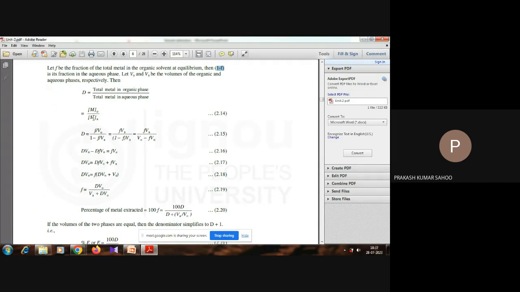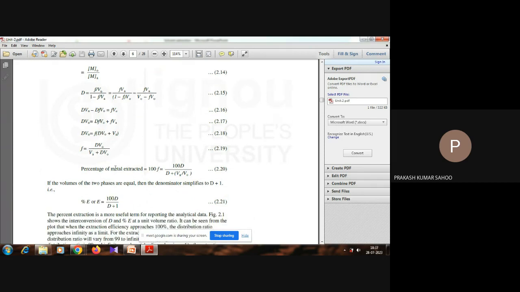What is the metal concentration? This is fraction F. Organic phase means it is F by VO divided by 1 minus F by VA. By simplifying these things, we have F equal to DVO divided by VA plus DVO, and in percentage, that is efficiency, 100F will be 100D divided by these things.